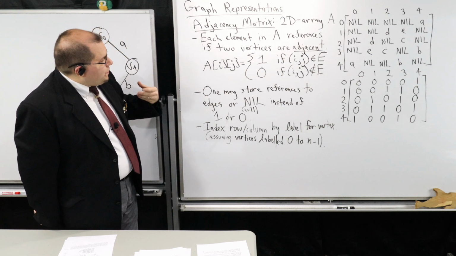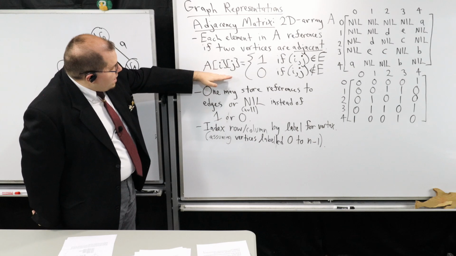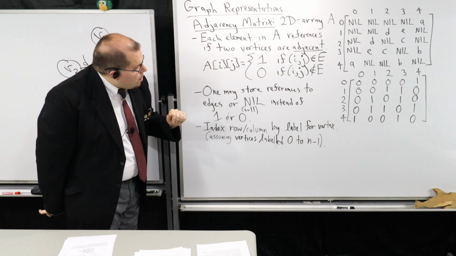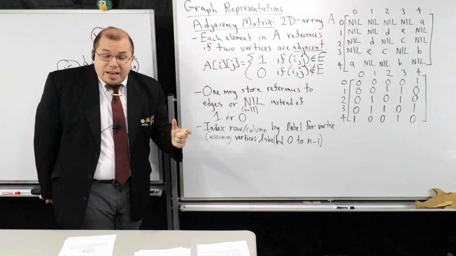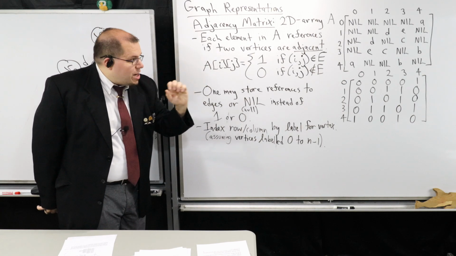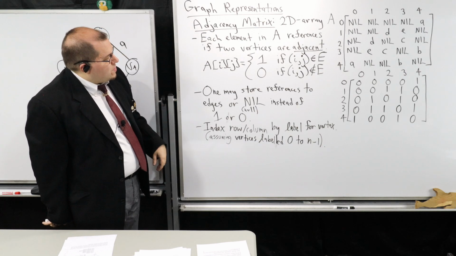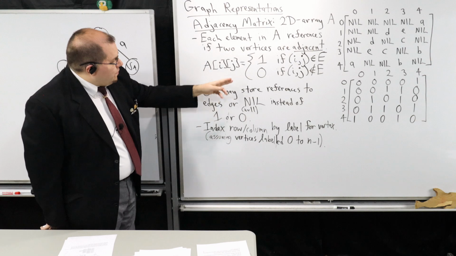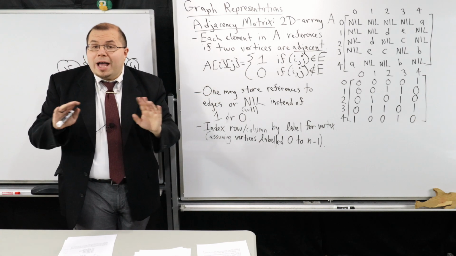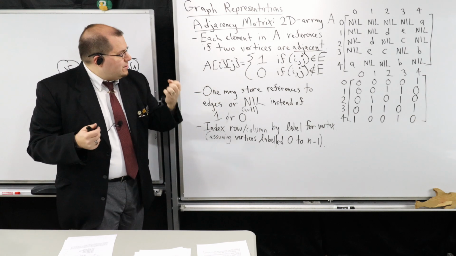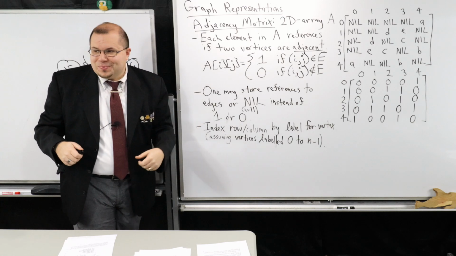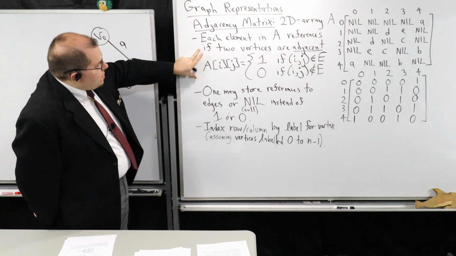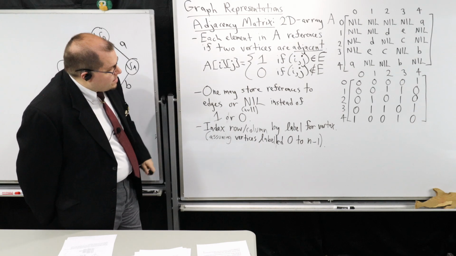So if I look at A_ij in my two-dimensional array, if I see a 1, that means there's an edge from i to j in the graph. It just means (i, j) is in the set of edges. And if I see a 0, that means there is no edge that has endpoints both i and j. That means they're not adjacent to one another. So this is the classic way you can approach encoding an adjacency matrix.